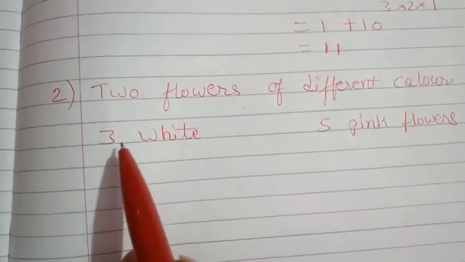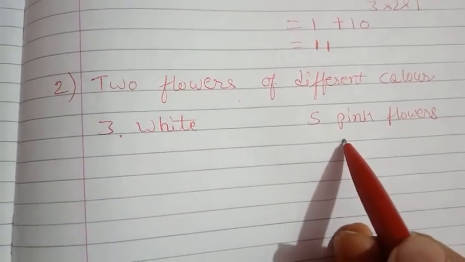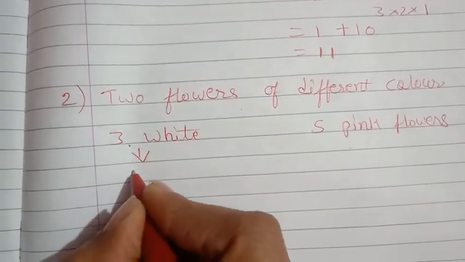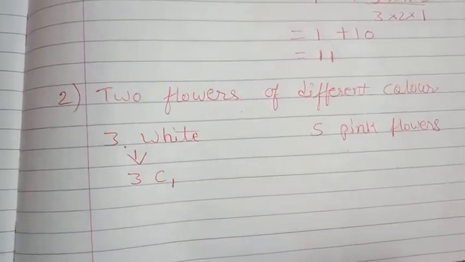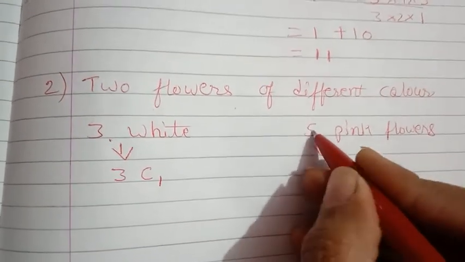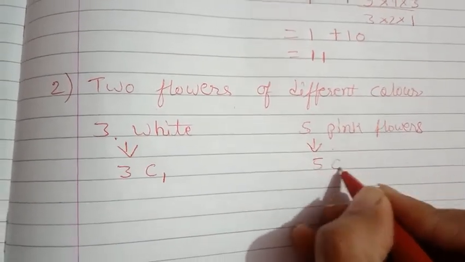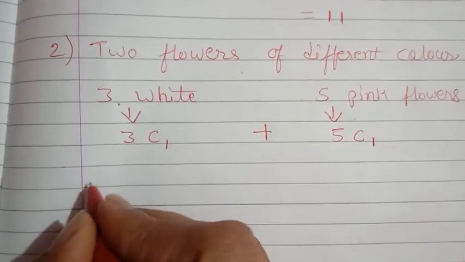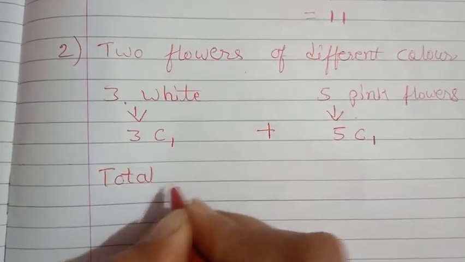So it can be 1 white flower and 1 pink flower. So 1 white flower can be selected in 3C1 ways and 1 pink flower can be selected in 5C1 ways, right?